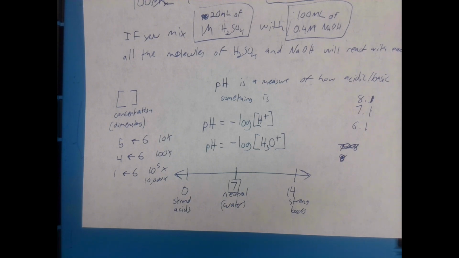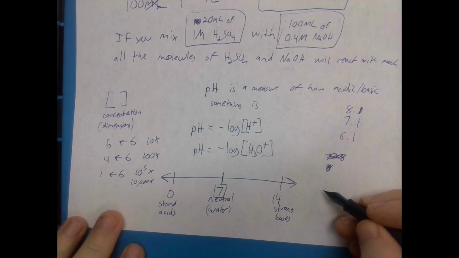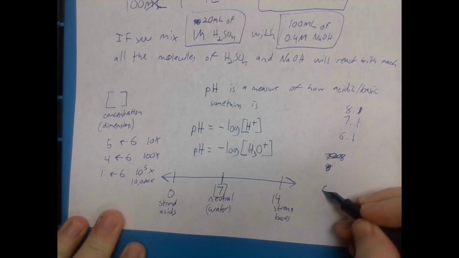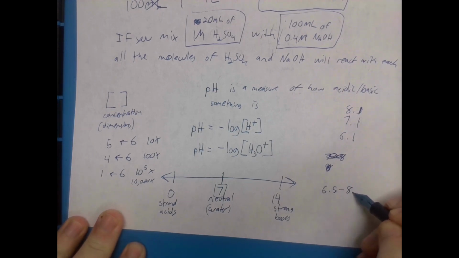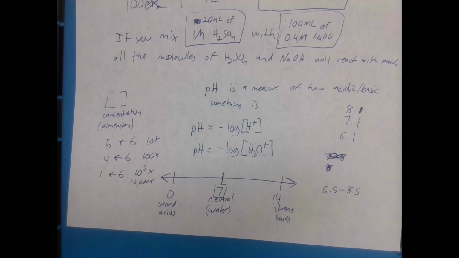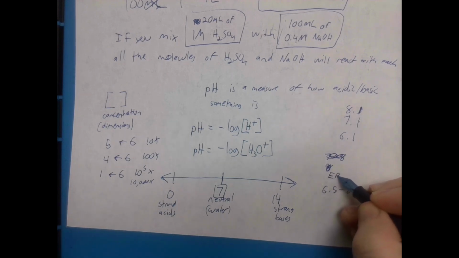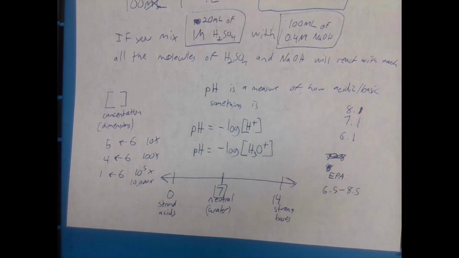So pH of tap water. Tap water is between 6.5 and 8.5. The EPA recommends your tap water to be between these values.